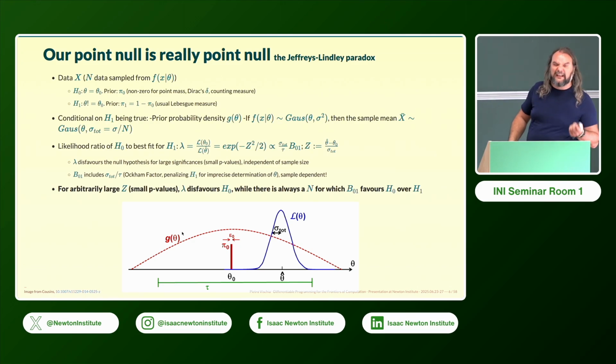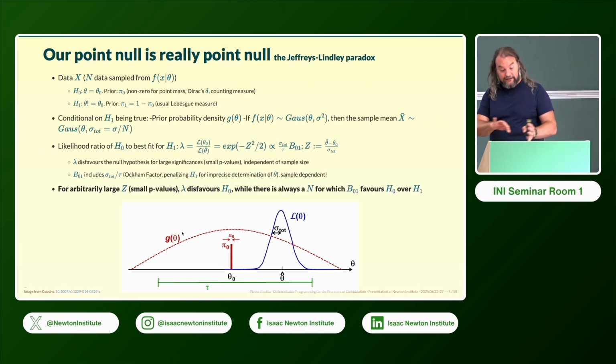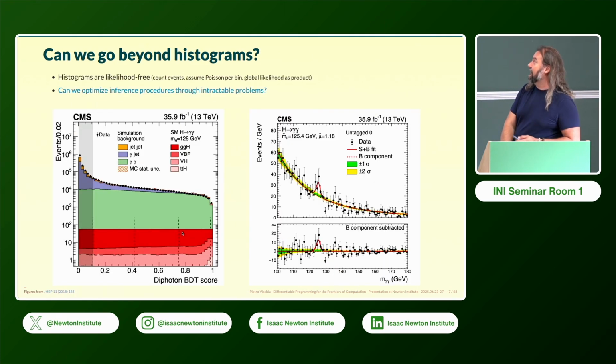And in physics, we don't like that. So that's why we typically do not use Bayesian methods for the final inference.